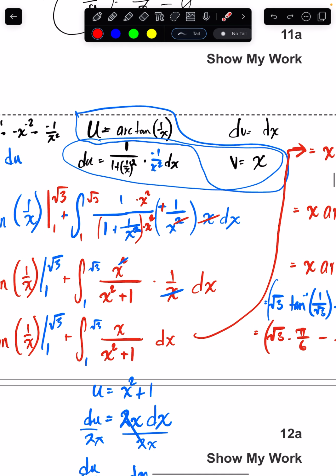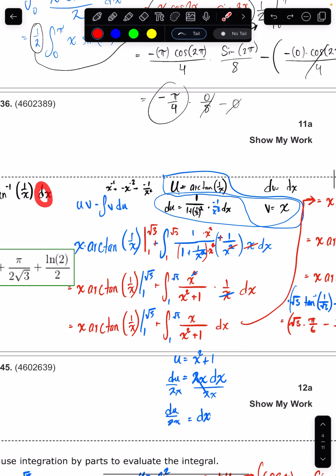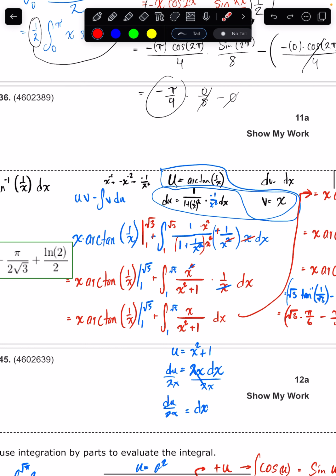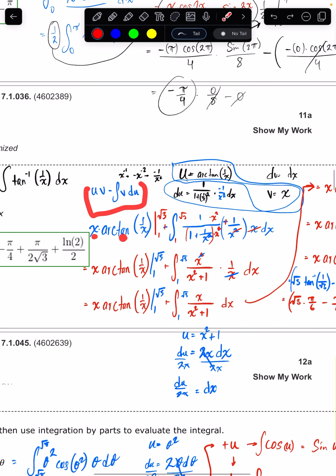And then dv is just dx, and the integration of that, which is v, is x. Using this rule, you should get x times arctan of 1 over x.